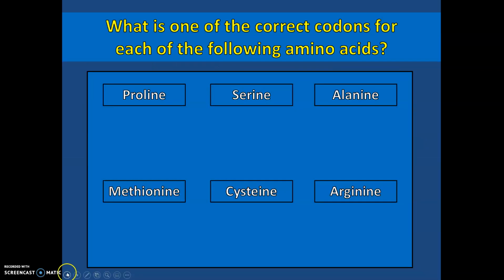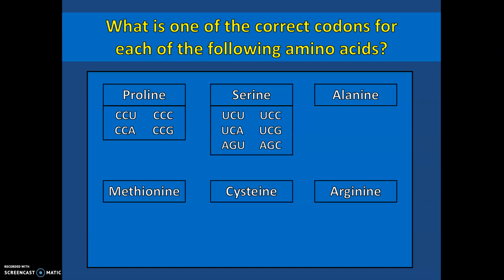So what is one of the correct codons for each of the following amino acids? For proline, we might have CCU, CCC, CCA, or CCG. For serine, we might have UCU, UCA, AGU, UCC, UCG, AGC.